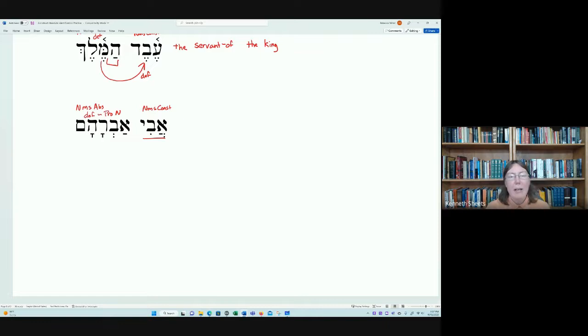Remember, absolute nouns are definite if they have the article, if they are a proper name like Avraham, or if they are a pronoun. So in this instance, Avraham, being a proper name, is definite, which in turn makes the construct also definite. So avi, meaning father, I would translate in the construct as father of. And then Avraham would be Abraham.